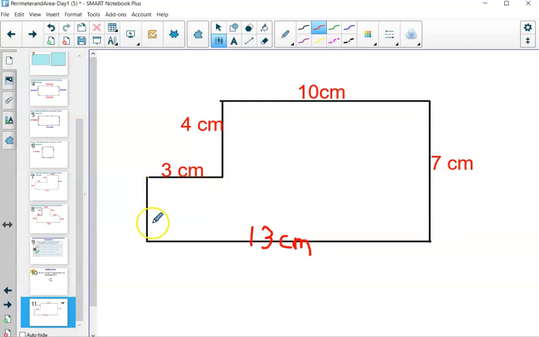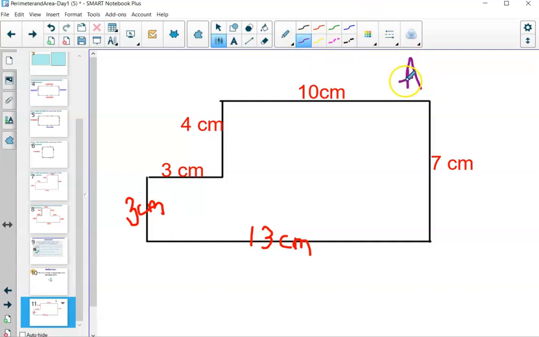I'm looking for a portion of it. I need to subtract. So I have 7 centimeters minus 4, which would leave me down here with this one. And 7 minus 4, fourth grade, is 3 centimeters. Now I have what I need to get started on solving for area and perimeter.